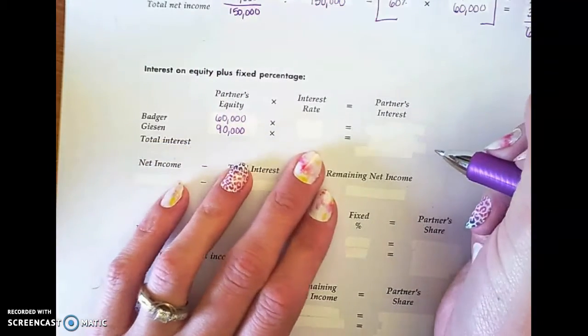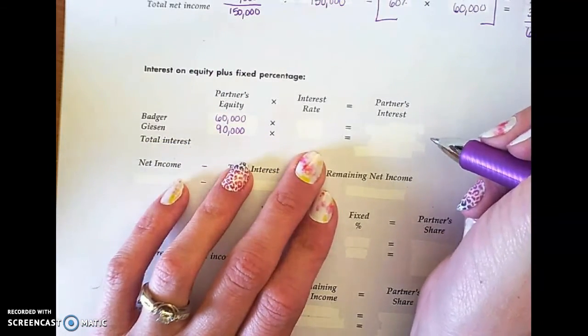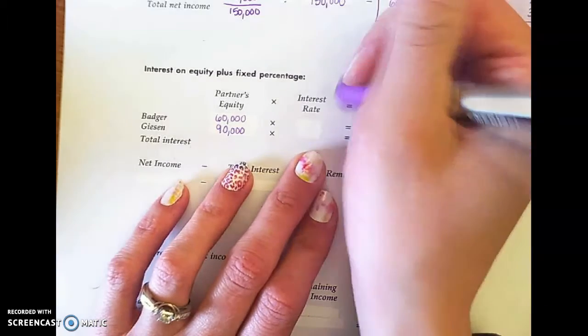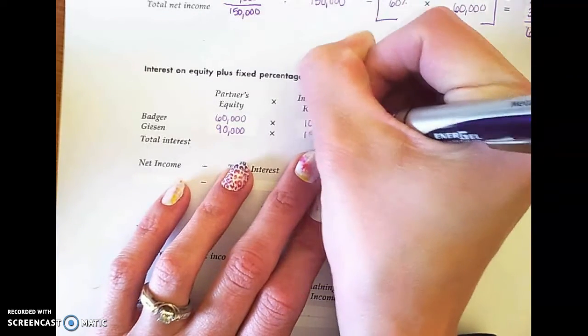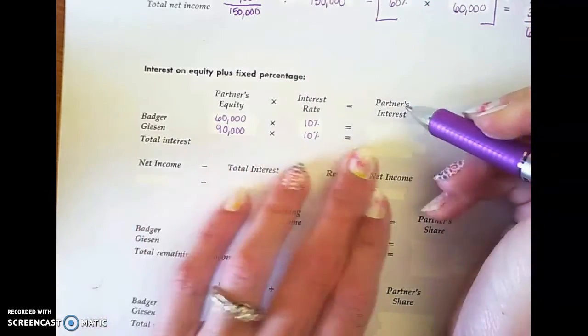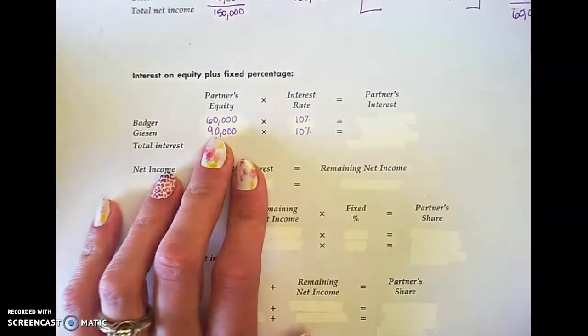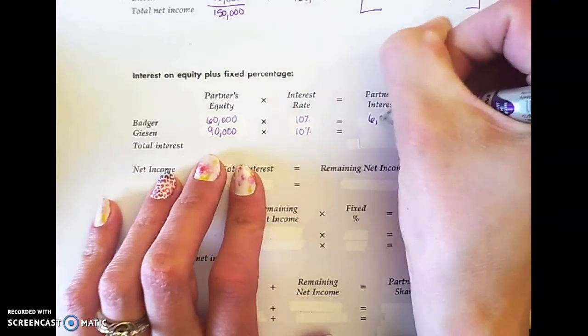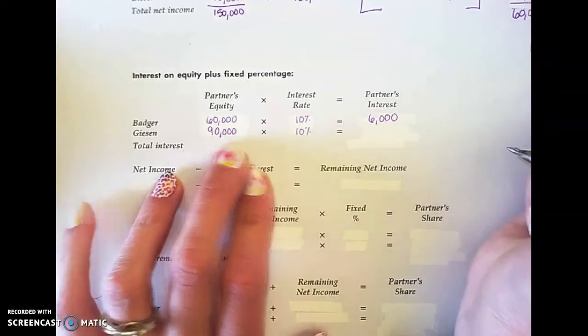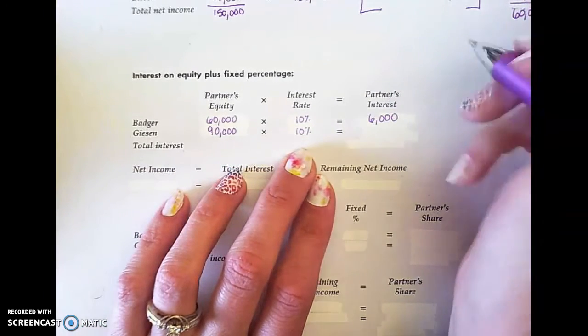We will take that times the interest rate. They each have a 10% interest on equity. So 10%, 10%, and then the partner's interest, if we take 60,000 times 10%, that will be 6,000. And if we take 90,000 times 10%, that will be 9,000.